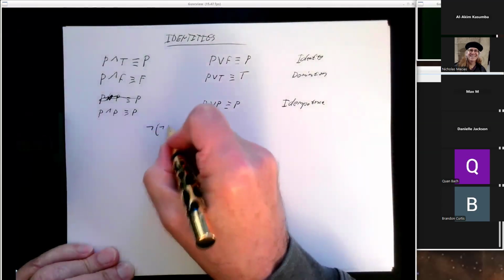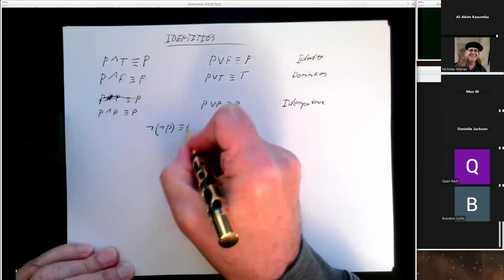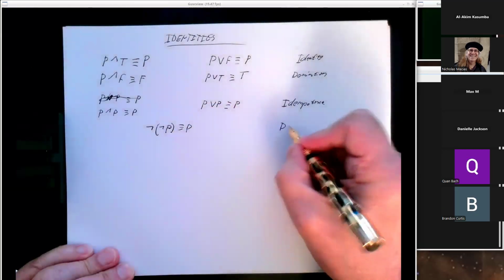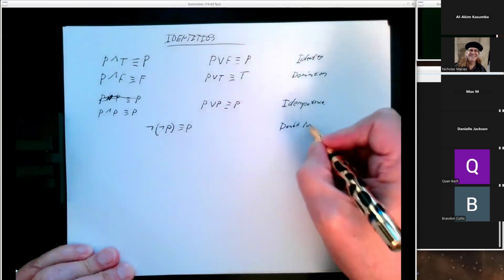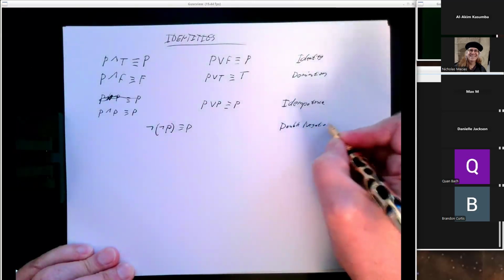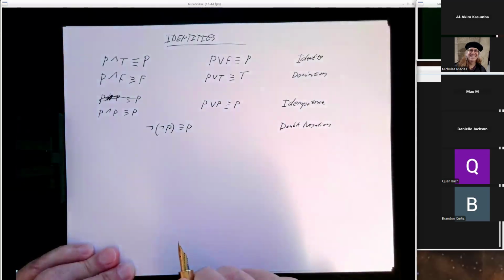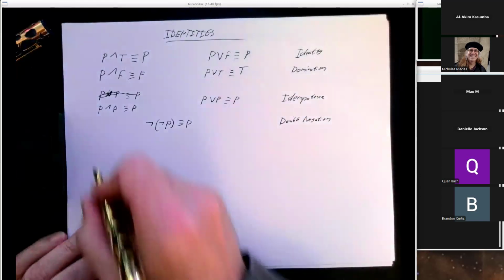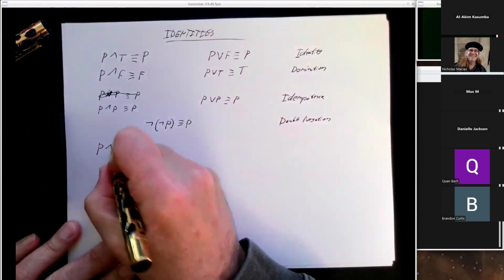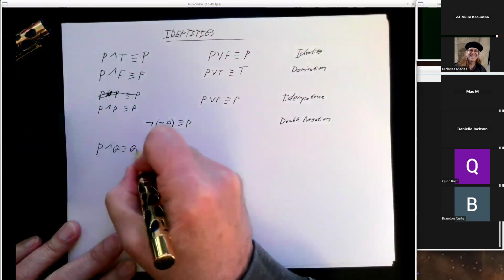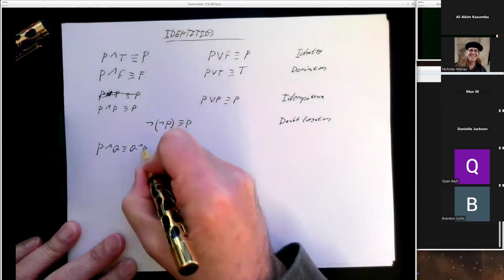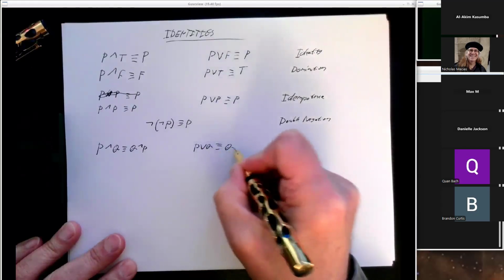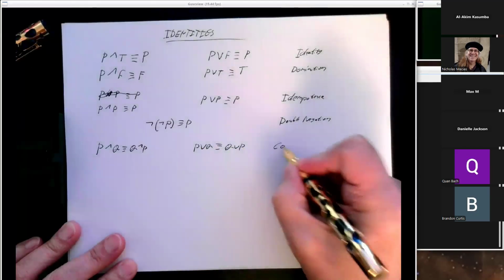And if we have the negation of the negation of P, that's logically equivalent to P. That's called double negation. And we have all the usual suspects. P and Q is equivalent to Q and P. And P or Q is equivalent to Q or P. That's commutativity.